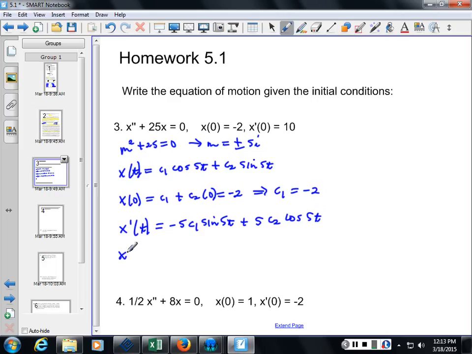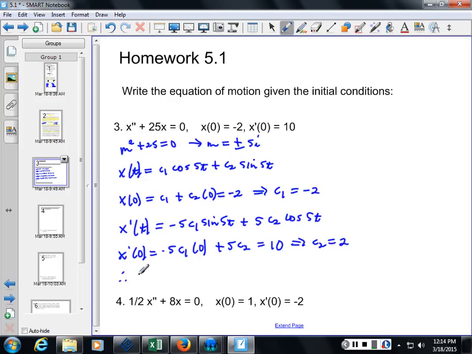So x prime of 0 is equal to negative 5 c sub 1 times sine of 0, which is just 0, plus 5 c sub 2 times cosine of 0, which is 1. And this is equal to 10. So you get 5 c sub 2 is equal to 10. This implies that c sub 2 is equal to 2.